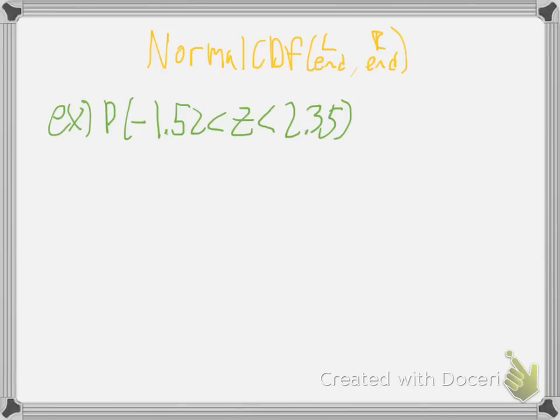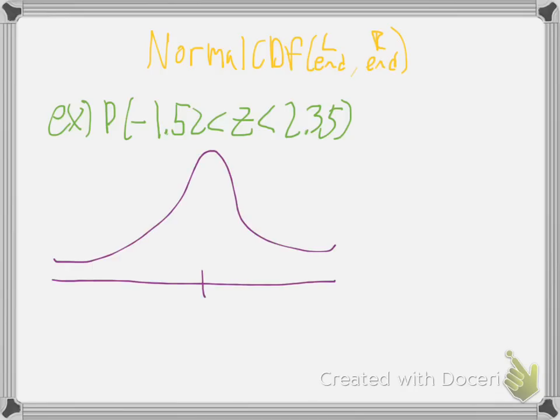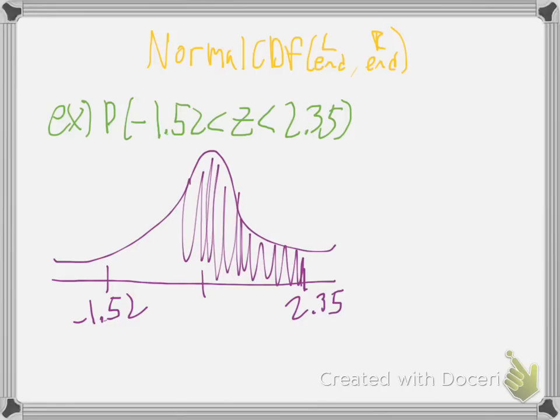For this example, we're asking for the probability that z is between two values, negative 1.52 and 2.35. When we do between, we just draw the bell curve, put 0 in the middle, negative 1.52 over here, and 2.35 somewhere over here. The chance that z is in between is the area between the two numbers.